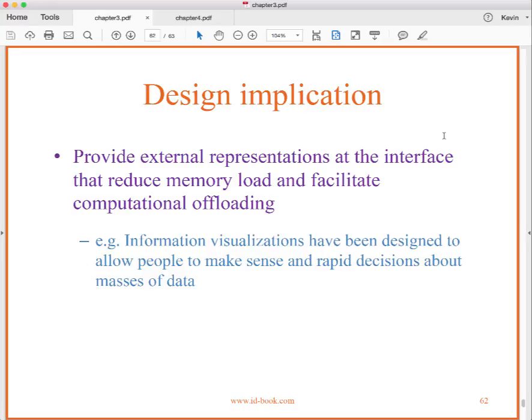So, again, we're interaction designers. What's the design application? Well, we want to provide external representations at the interface that reduce memory load and facilitate computational offloading. So we want to use information visualizations that have been designed to allow people to make sense and rapid decisions about masses of data.